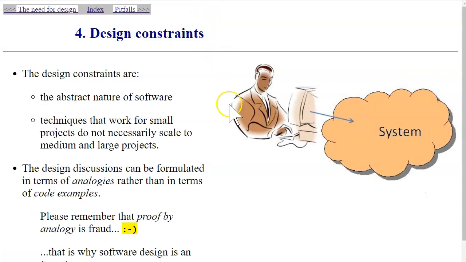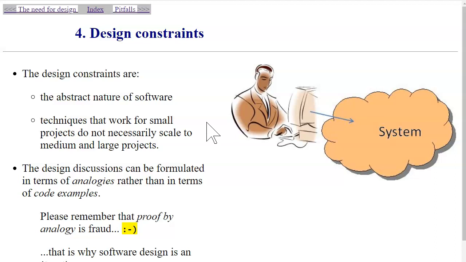And so we're going to be facing some design constraints. Constraints, or difficulties, basically stem from the abstract nature of software. The word abstract is used very often in programming in general, because the abstractness of software means that the real-world problems represented in software happen to be abstracted.